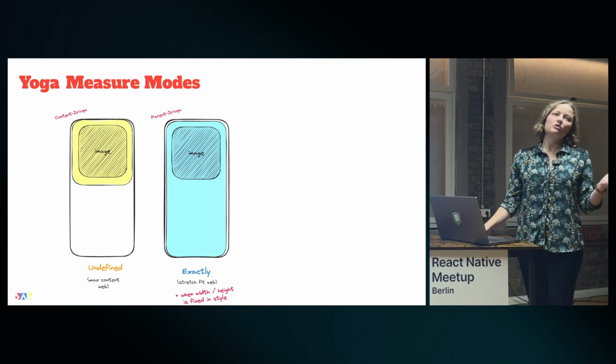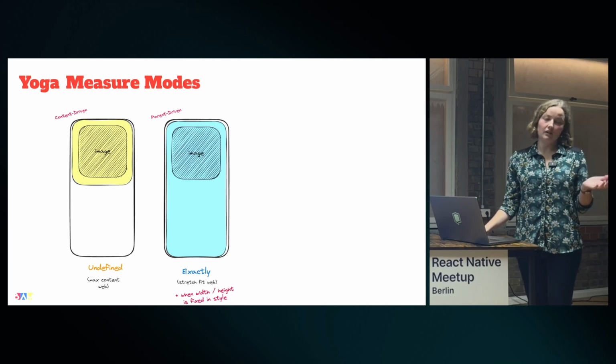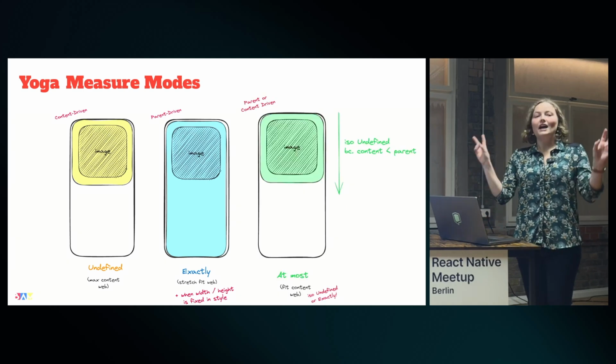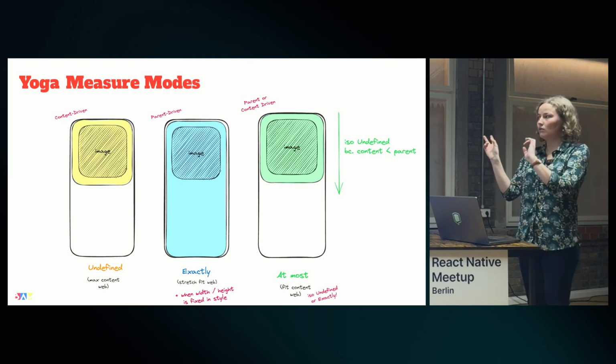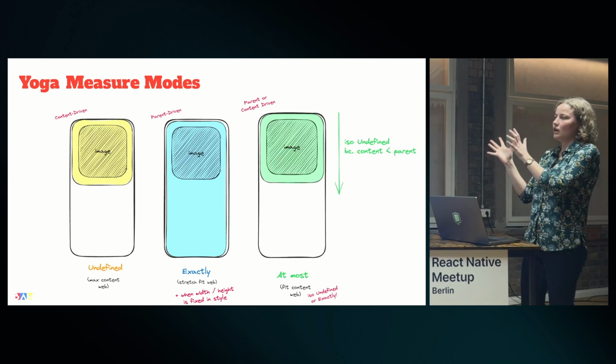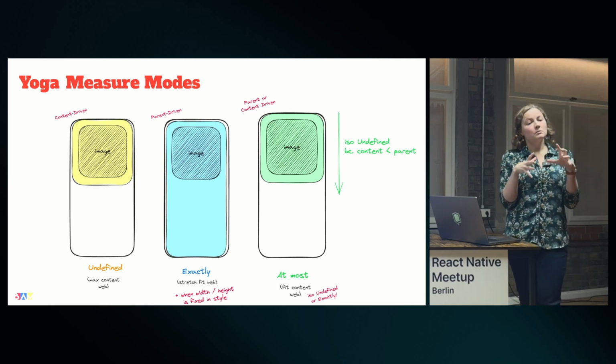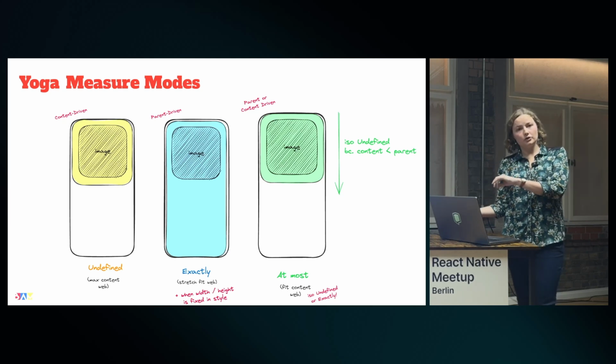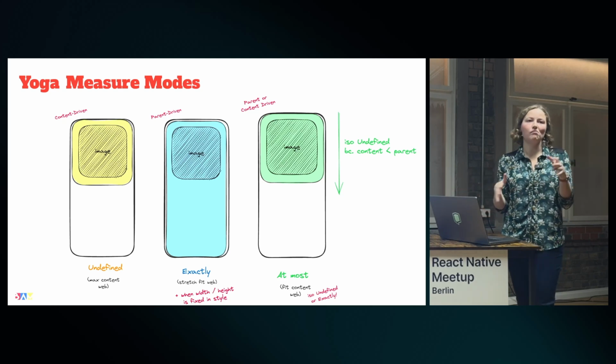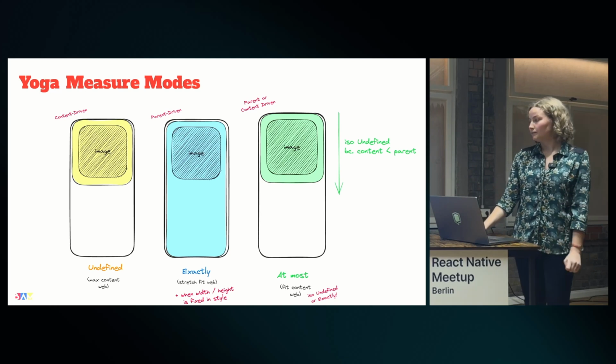And actually there's a third way of measuring things in Yoga, which is called the utmost mode, which can be either the undefined mode: if the content is smaller than the parent, then you have to stick to the content. But if the content starts to overflow the screen, then you're restrained to the parent.